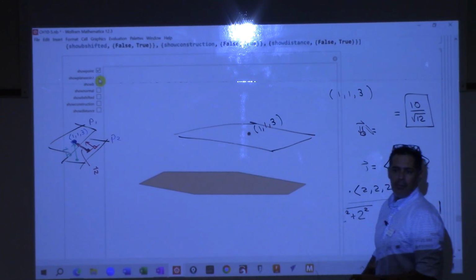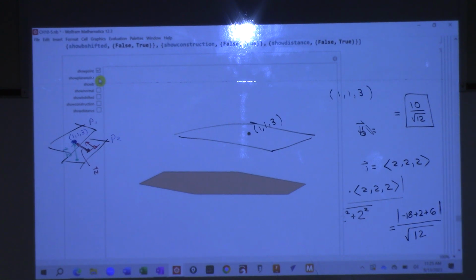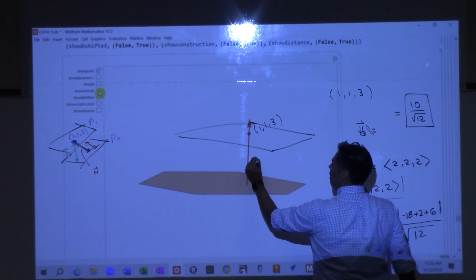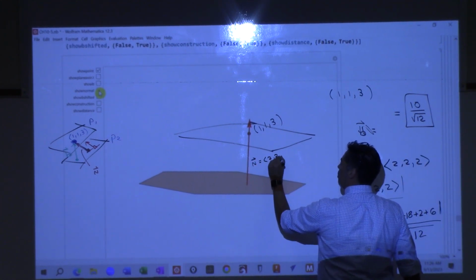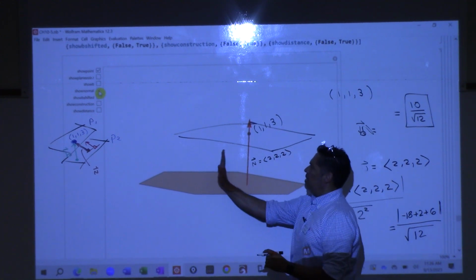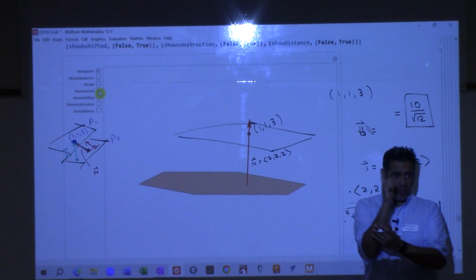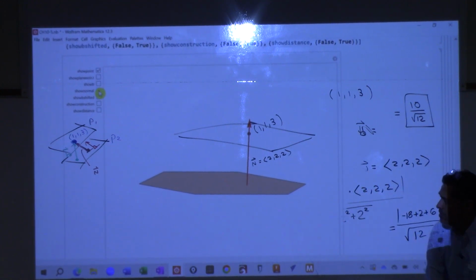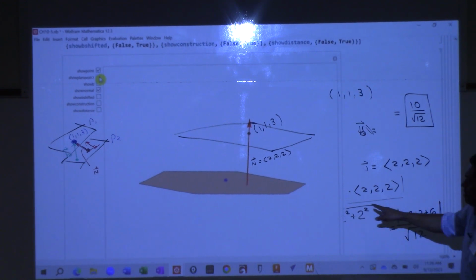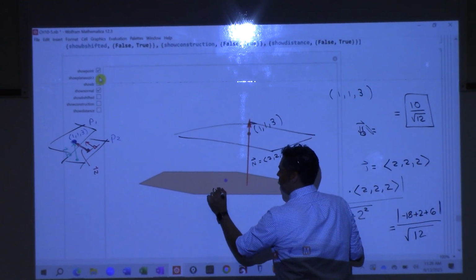And then we said, okay, let's figure out what the normal is. There's n, and that for us was 2, 2, 2. We imagined that that normal vector could be slid so that it punches right through that point, because vectors can be moved around. Then we said, all right, let's find a second point on the plane, which we said was 10, 0, 0.